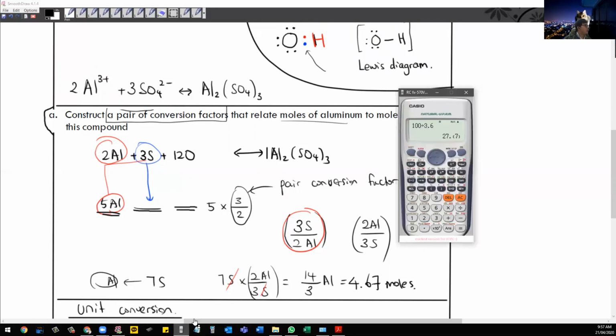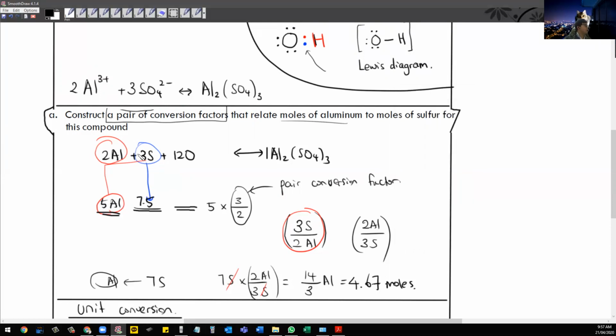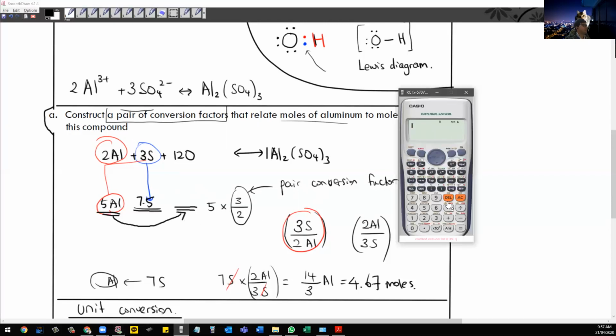Then you get 5 divided by 2 times by 3. So you get 7.5. Also, this one to this one is an easy ratio, just times by 6. 5 times by 6, that's 30.